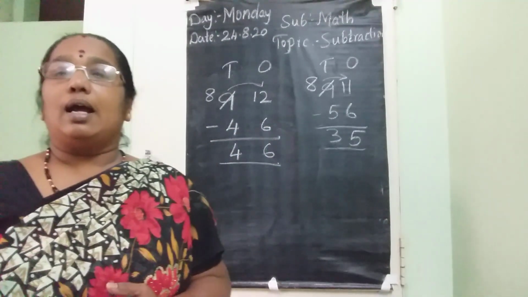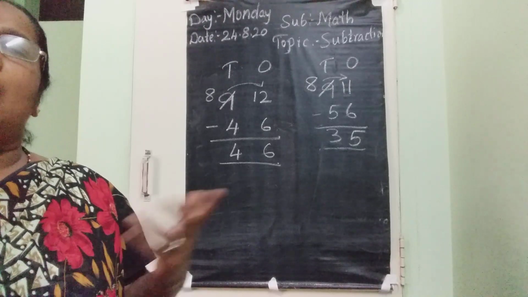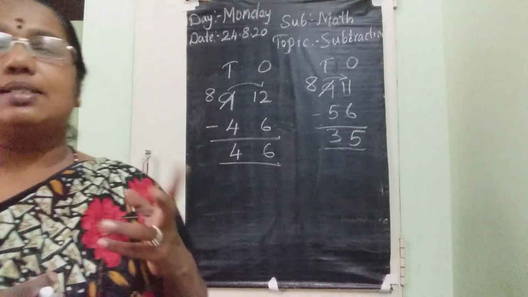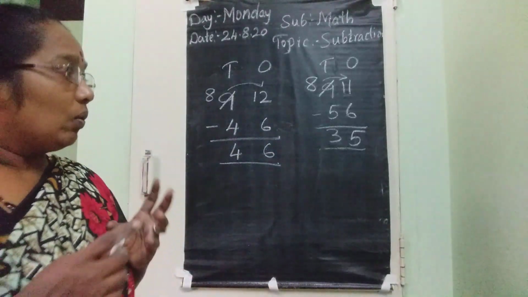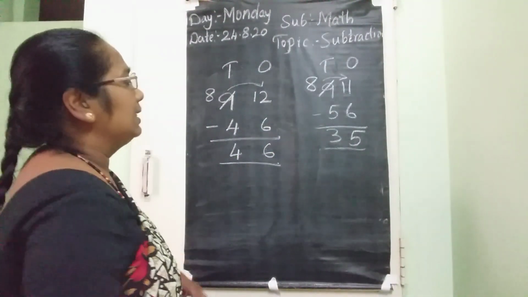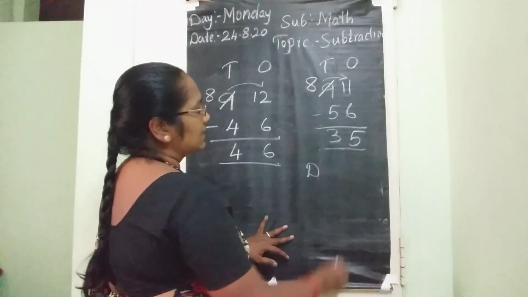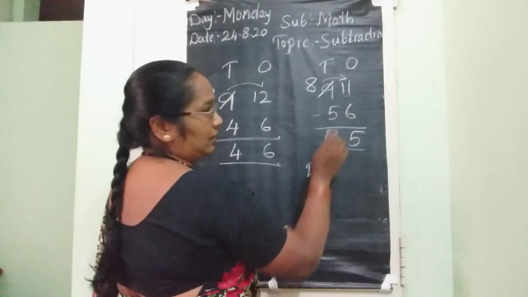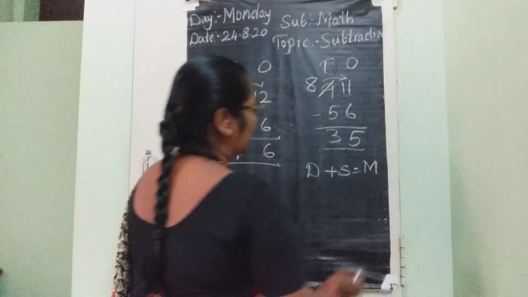So now I am going to check whether my answer is correct or not. This is checking. How to do the check? There is a formula for this: difference plus subtrahend gives you minuend.